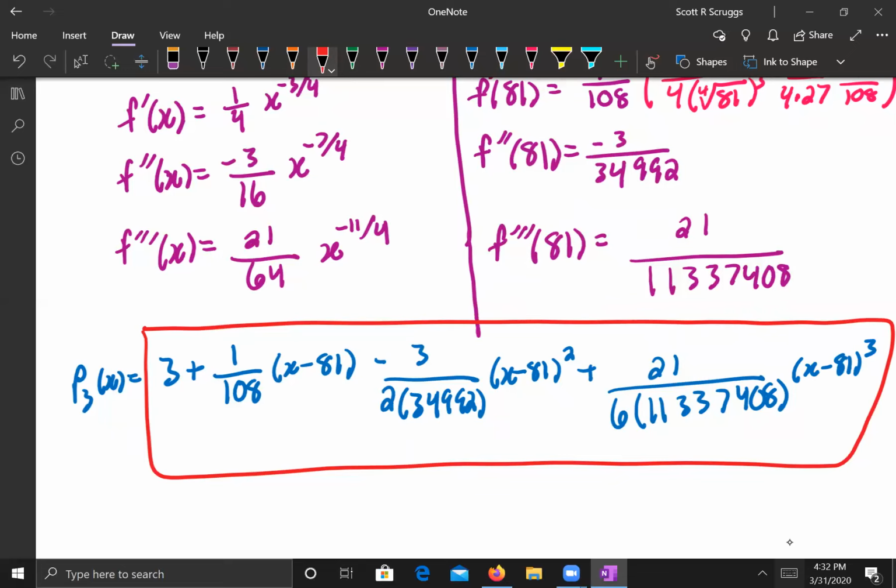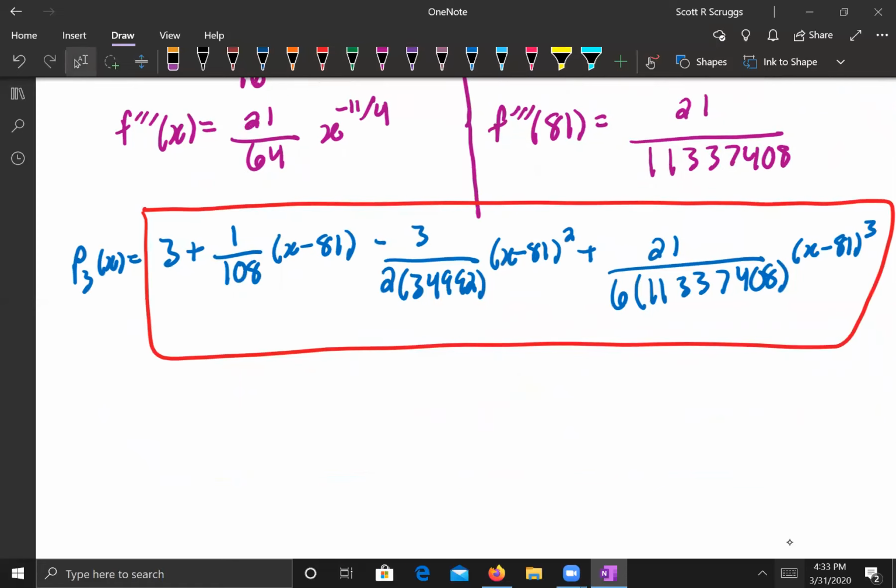So for the Taylor polynomial problem, since our goal was to approximate the fourth root of 79, I would now plug in 79, because our whole goal was to approximate that with the third order Taylor polynomial.